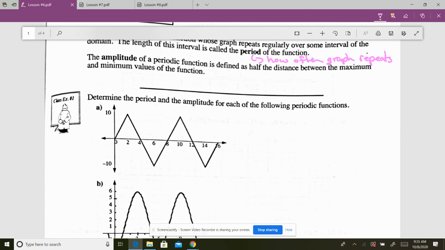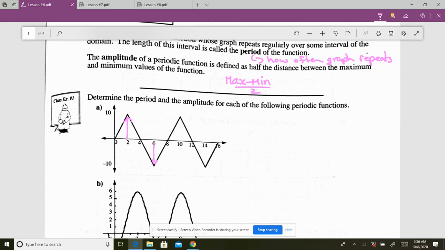Basically, if you look at a graph, it's from the midline to the peak, or the midline to the trough. The formula is max minus min divided by 2. That is your amplitude.